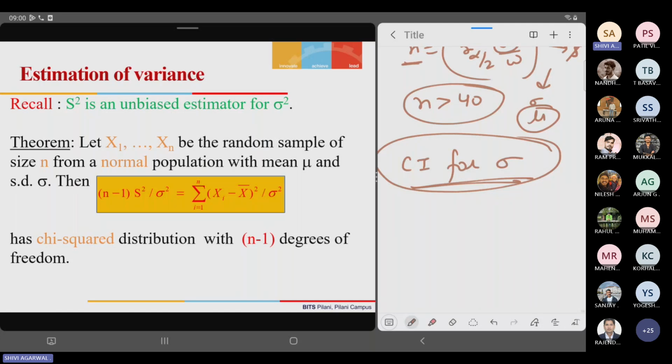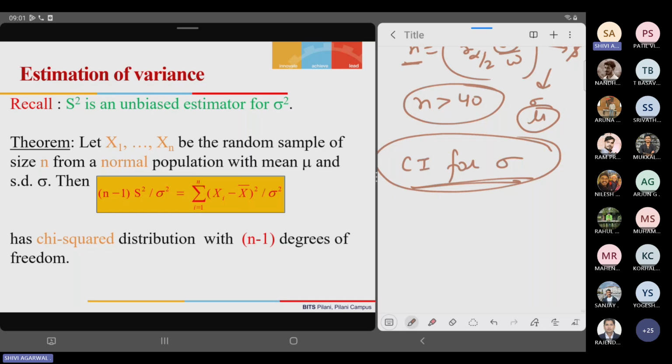So here we are using the chi-square distribution. Do you remember the chi-square distribution that we have done at the time of gamma distribution? In the gamma distribution, two special cases we have done: one is chi-square distribution and second is exponential distribution. We have not done any question related to the chi-square distribution because it comes in statistics, since we use it frequently in statistics for sigma.